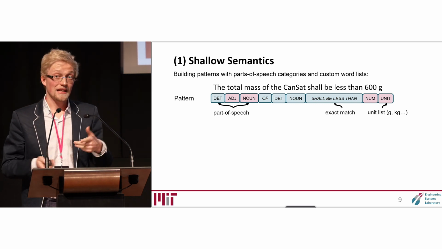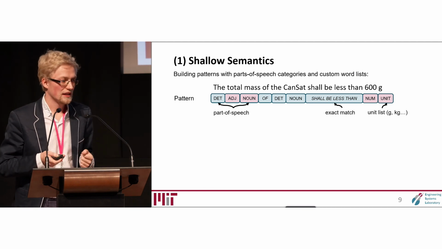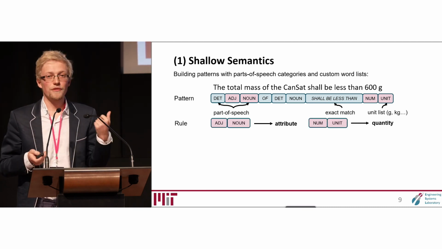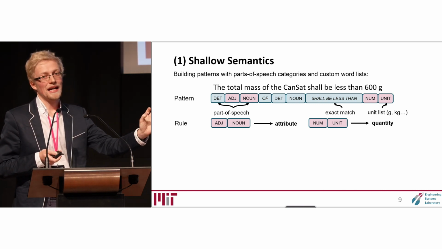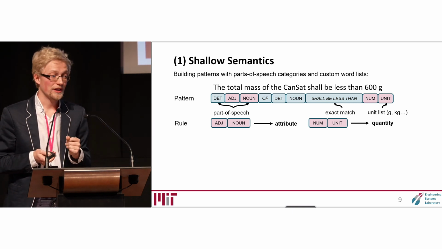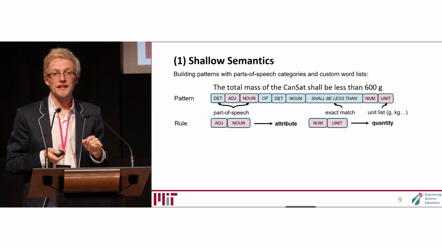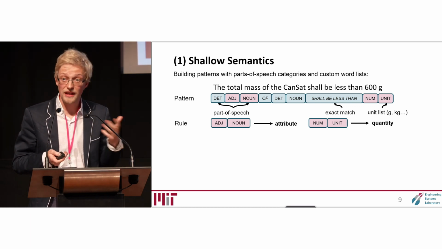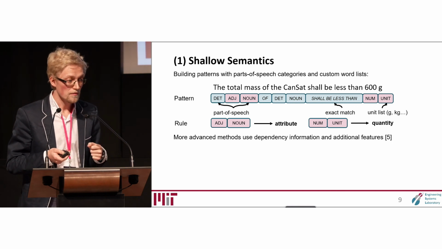Or they can be, as I said, lists, like, for example, here, a unit list. And then defining rules so that once we have matched this pattern, it matches certain elements of that sentence to specific categories. And this is just to extract the categories, and then you can do more advanced analysis to also extract the relations to populate the data model.